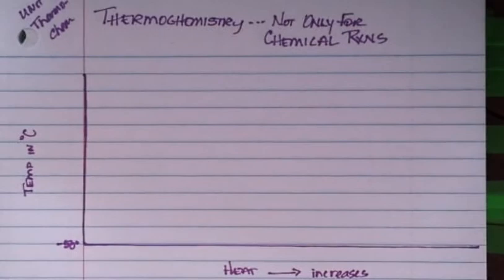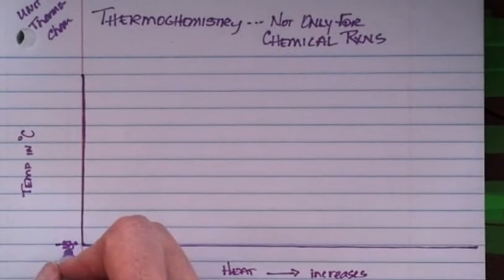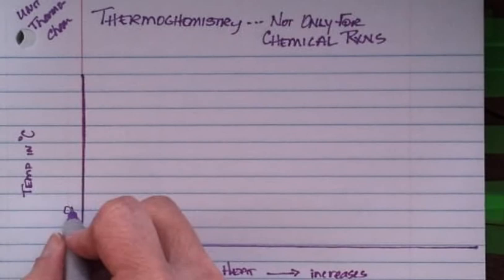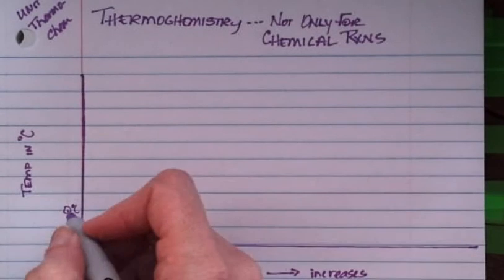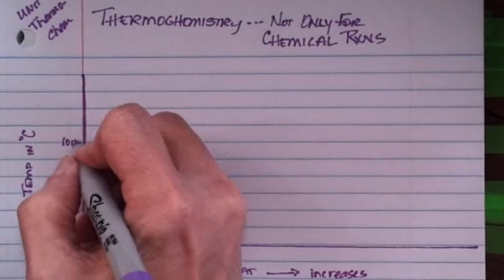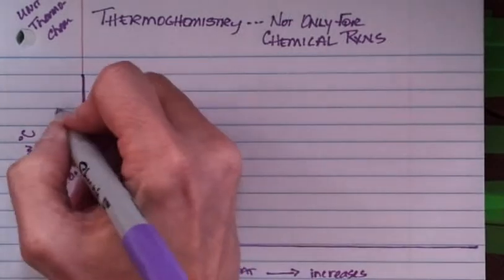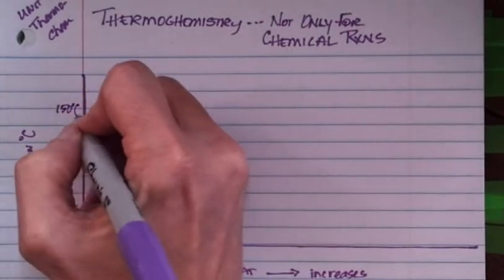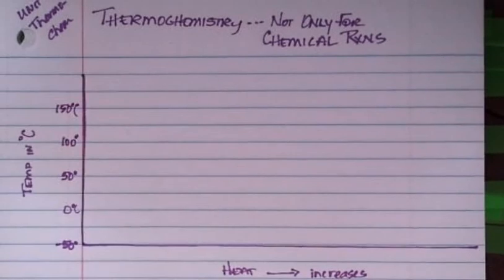Okay, so negative 50, and I'm going to skip 2 lines and put 0 degrees Celsius. And I'm going to go by 50s, but I'm going to skip lines like this. And I can't put the C in there on a lot of those.